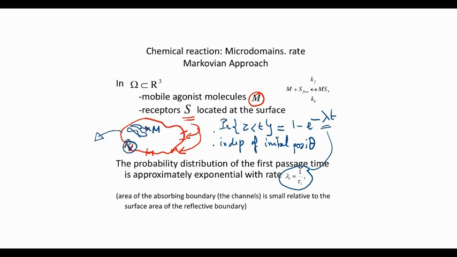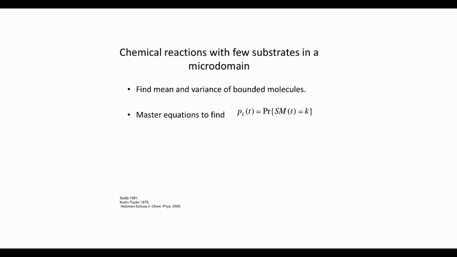So we are going to reduce the geometry of the domain omega by the rate lambda. Alright, so this is the basis of writing a Markov chain for the number of bound molecules. And indeed, this is what we are going to do now.